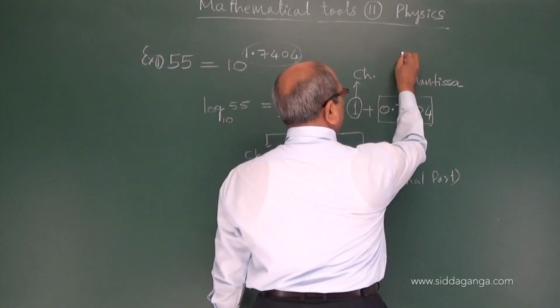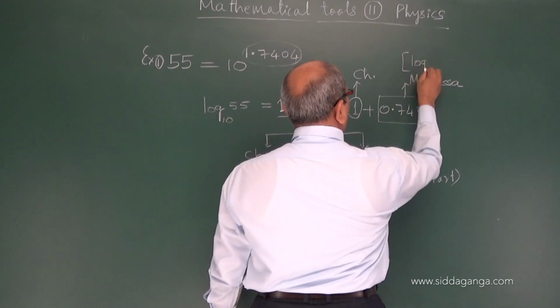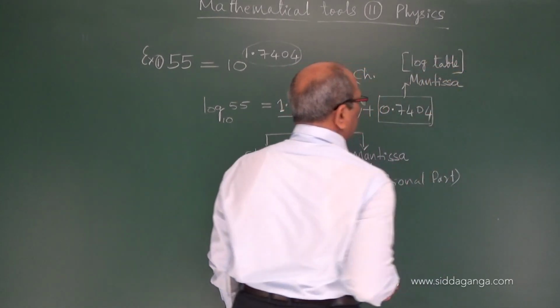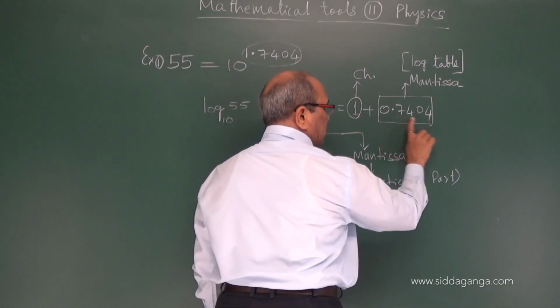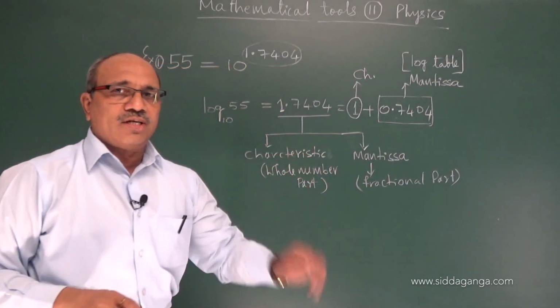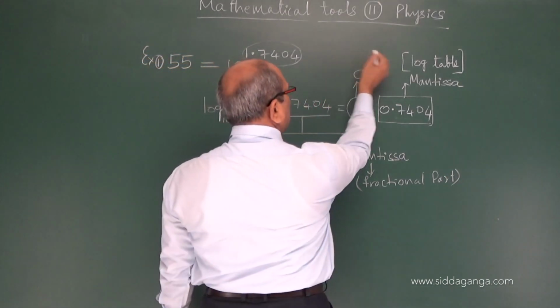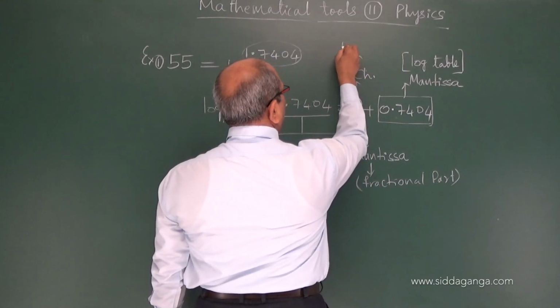How to get the mantissa? I told you, you can use the log table. The table only gives the fractional part, 4 digits available in the book. The characteristic has to be known to us.